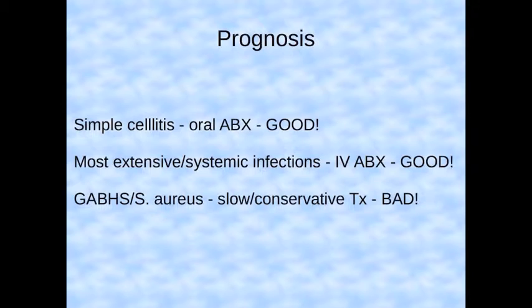Now, if things are extremely painful and rapidly progressing, you're looking at a really virulent group A beta hemolytic strep or a Staph aureus MRSA or something like that. Slow conservative treatment can really lend itself to bad outcomes, sepsis and things like that. So you want to treat those extremely aggressively to make sure that they're not in danger.